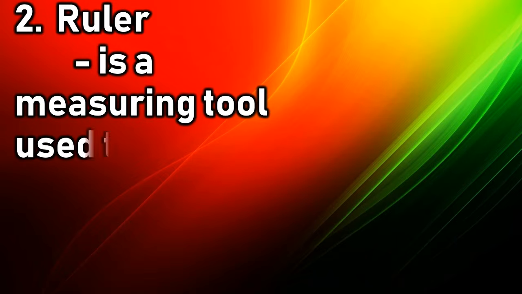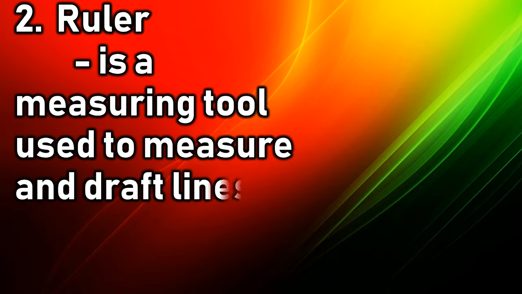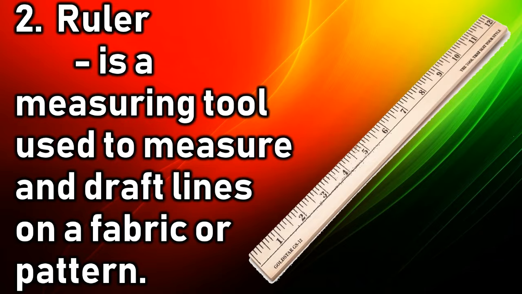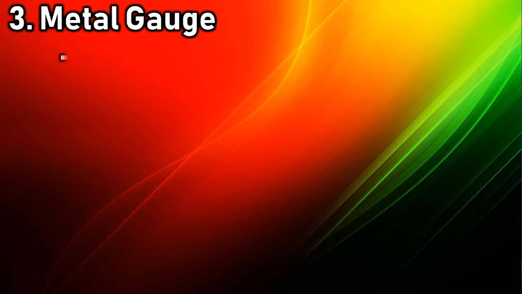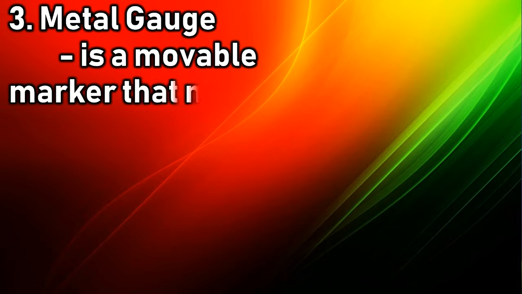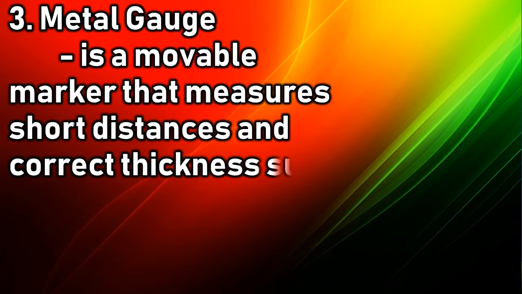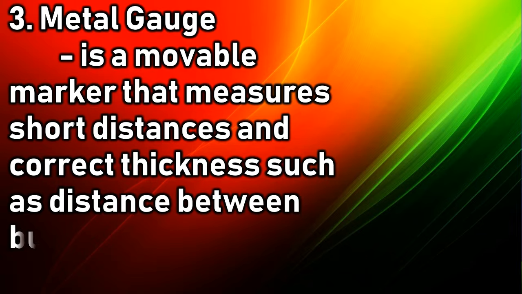Ruler is a measuring tool used to measure and draft lines on a fabric or pattern. Metal gauge is a movable marker that measures short distances and correct thickness, such as distance between buttons, pleats, and hems.